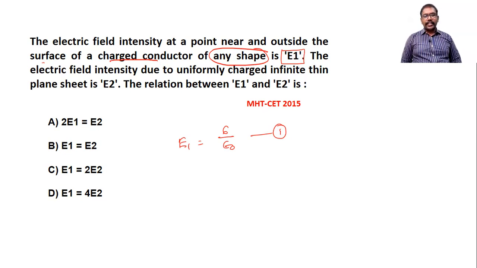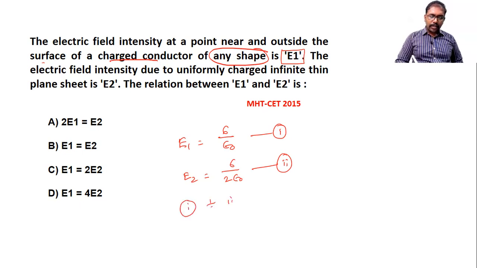Electric field intensity due to a uniformly charged thin plate is E2. In the previous question also, we already discussed electric intensity near a charged plane sheet. It is sigma upon 2 epsilon 0. Now we have to obtain the relation between E1 and E2. Take the division, E1 divided by E2.